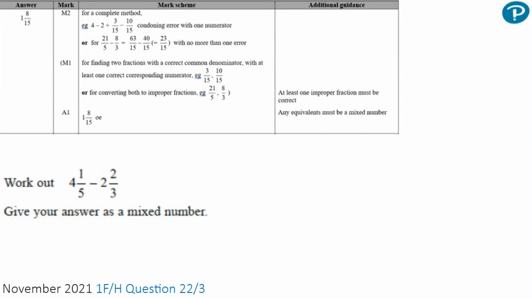Then we got to some fractions. This is a crossover question where we've got, this is the working out, 2 and 7/15.